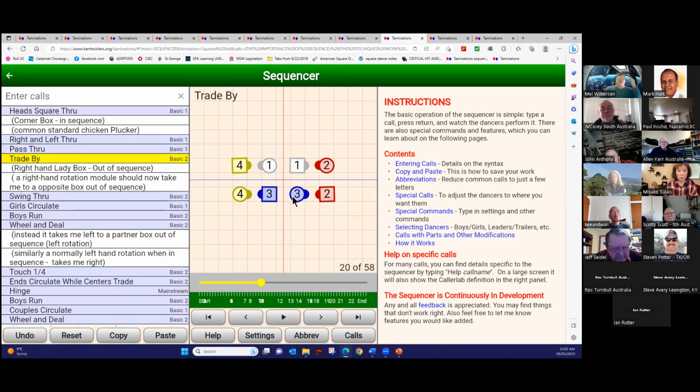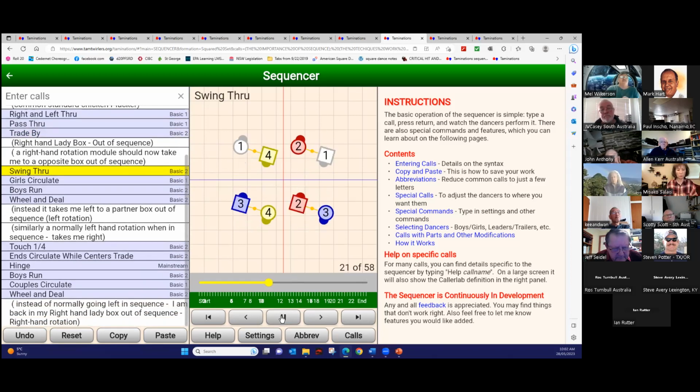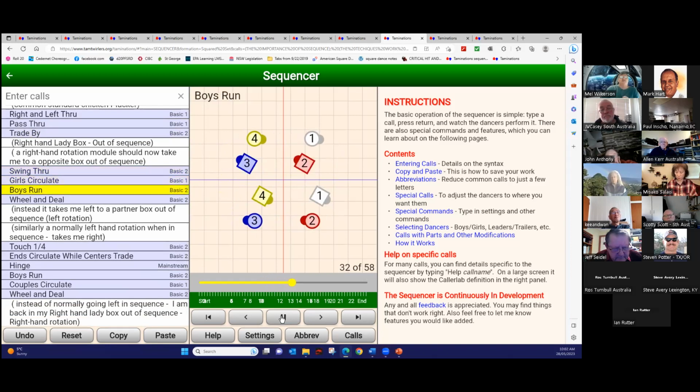Now, as Alan was saying with the lead to the right box, I can fix the sequence here, but you have to be aware of sequence and know that. If I do my right hand rotation module, swing through, girls circulate, boys run, wheel and deal, I should get to, from a corner box, a partner box.